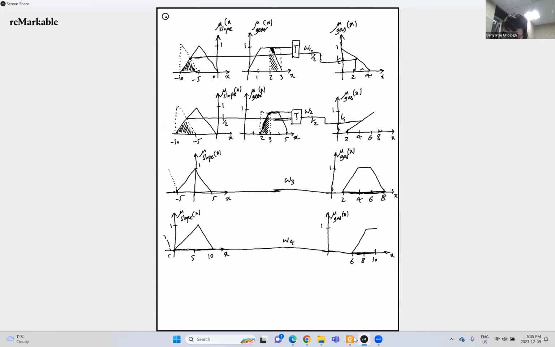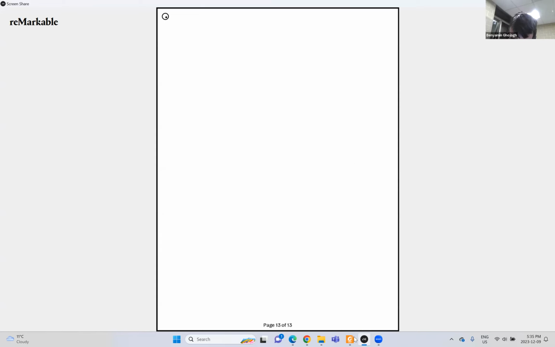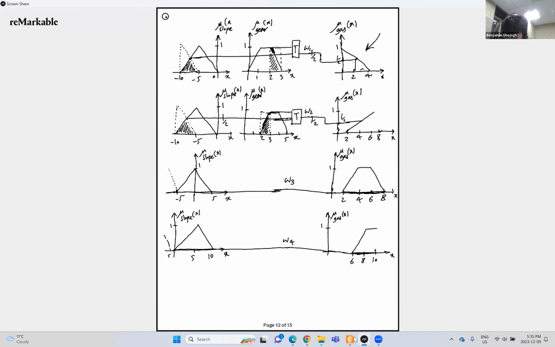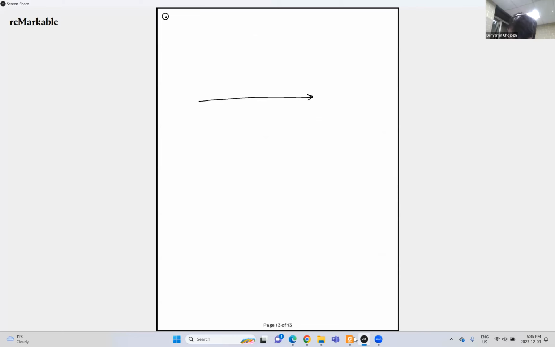For this one, I want to calculate the inverse. So what is the equation of this line?